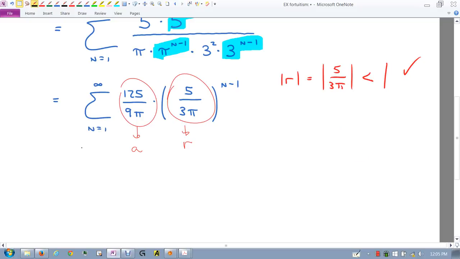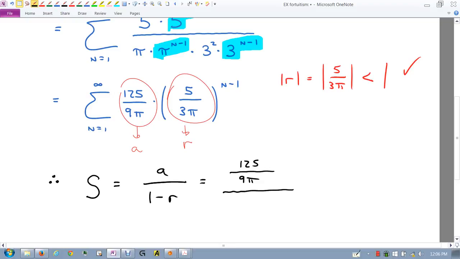What if that was greater than 1? Diverges, done. But it doesn't. It's convergent, so therefore the sum, capital S, will be equal to A over 1 minus R, which for us, A is 125 over 9 pi over 1 minus R, but R is 5 over 3 pi.